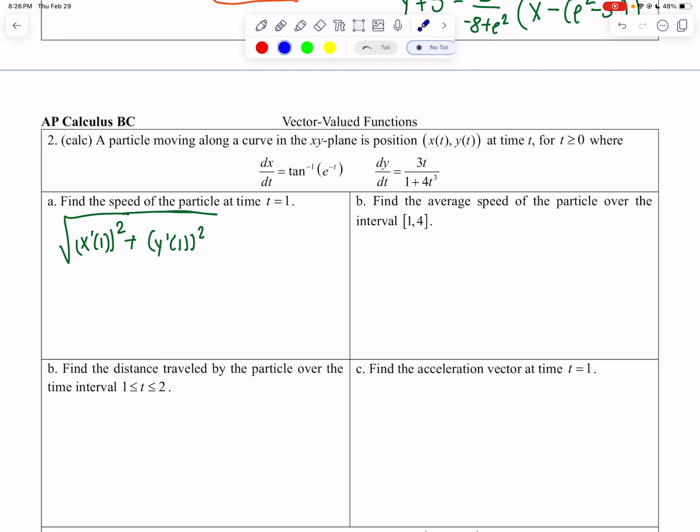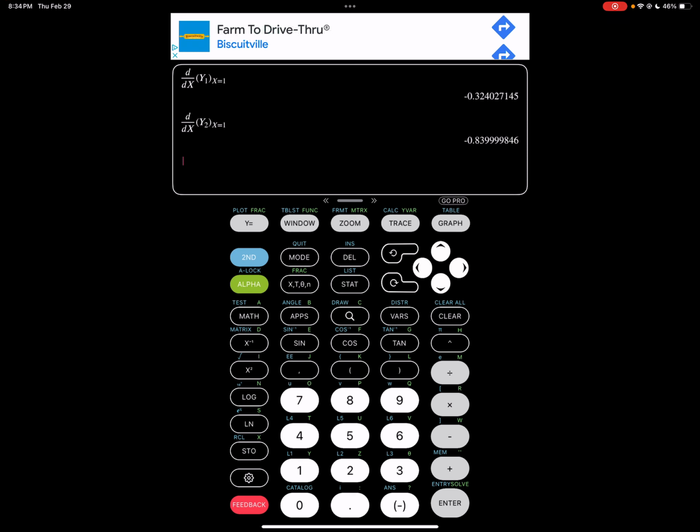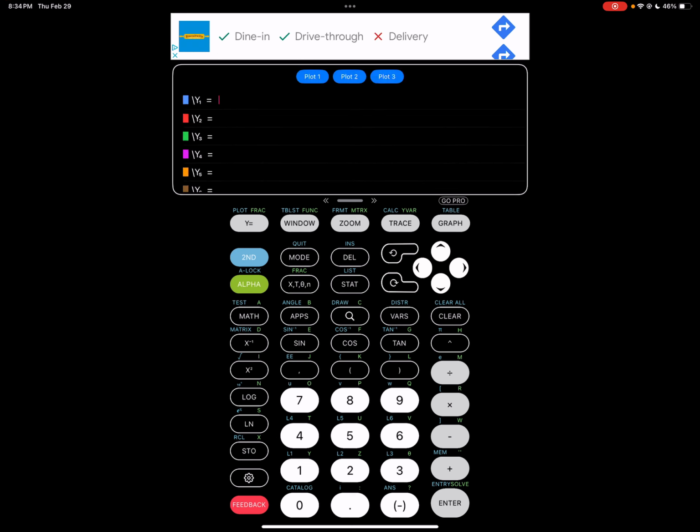Well, since this is a calculator active problem, I'm going to go ahead and replace my y1 and y2 with my new y1 and y2. We have ln of x plus 1 and then we have sine of e to the negative x squared.